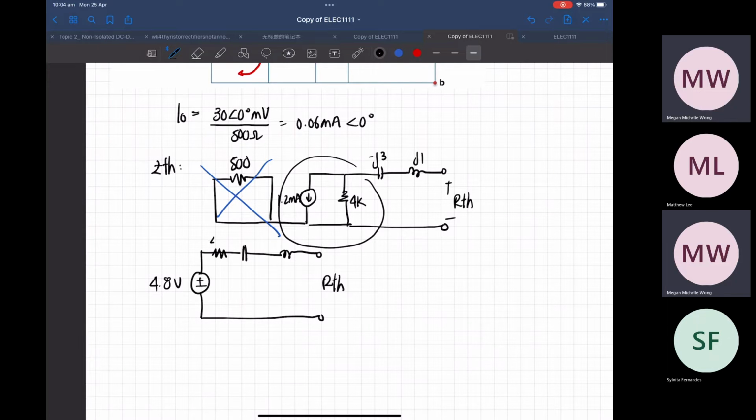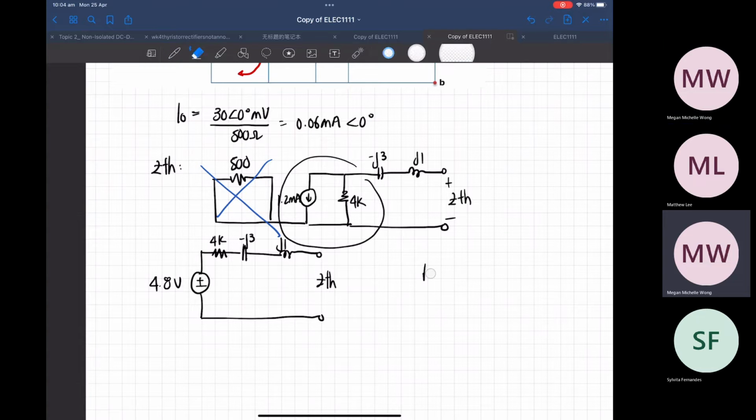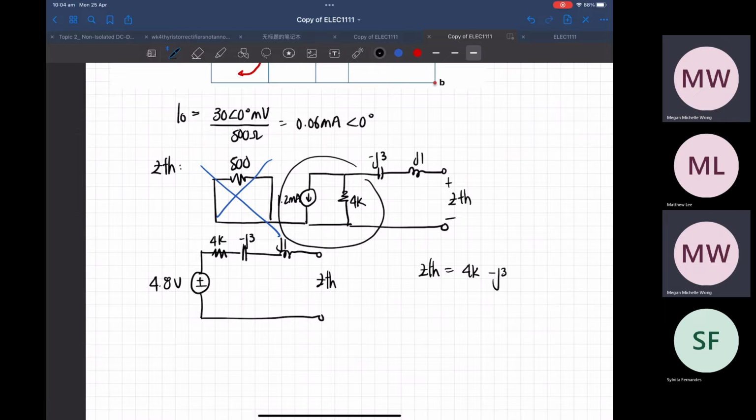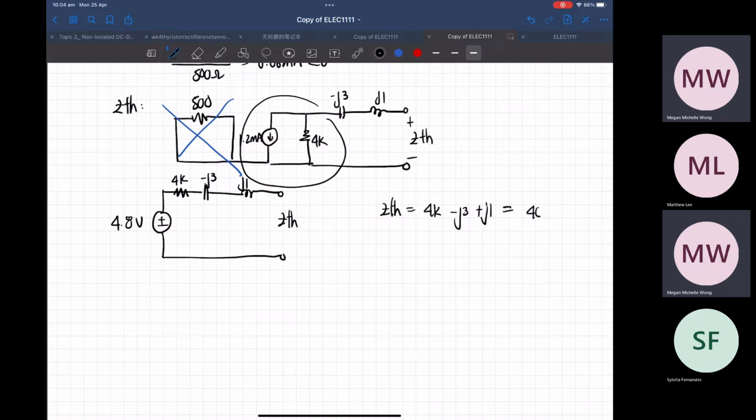And this is my 4K minus J3 and J1. So actually let's rename it because I don't want you guys to get confused. Z Thevenin, Z Thevenin. So my Z Thevenin is actually my 4K minus J3 plus J1. And then for maximum power transfer, this will give me 4K minus J2.